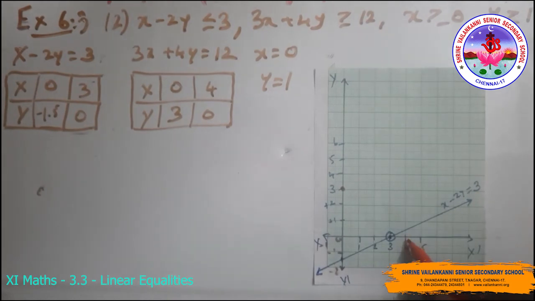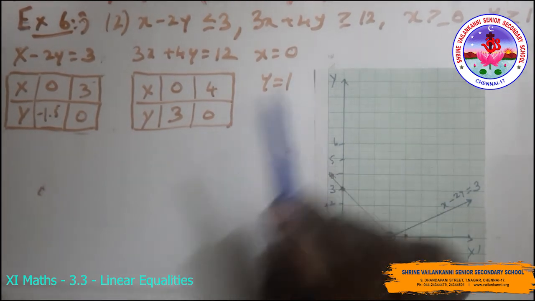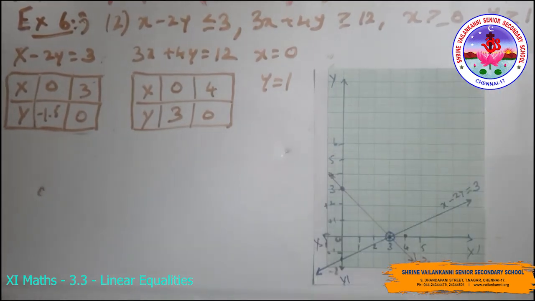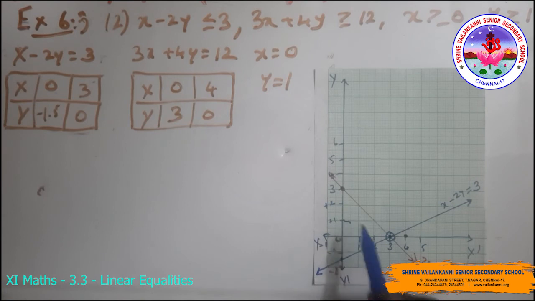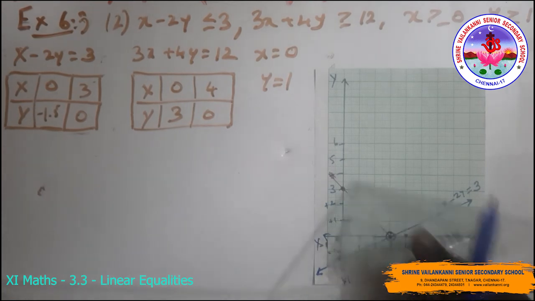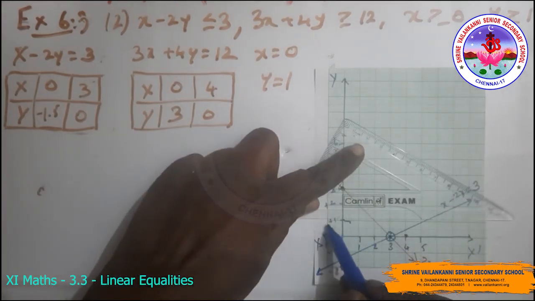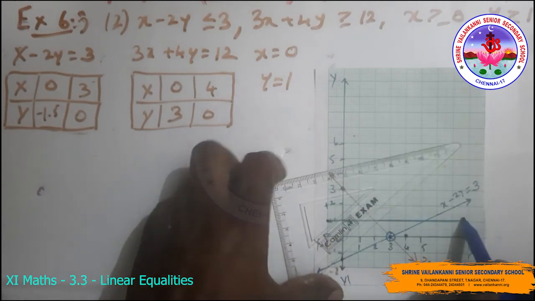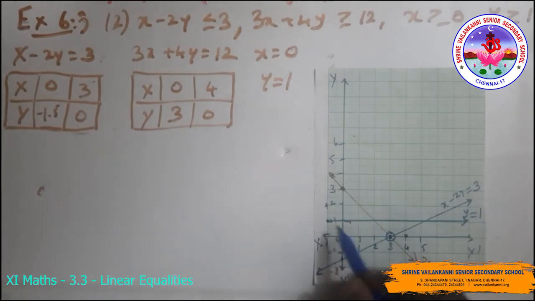When x is 4, y is 0. I have to join these 2 points. 3x plus 4y equal to 12. And x is 0. Then the fourth inequality is y is greater than or equal to 1, that is y equal to 1. So y equal to 1, which is parallel to x-axis. So this line is y equal to 1.